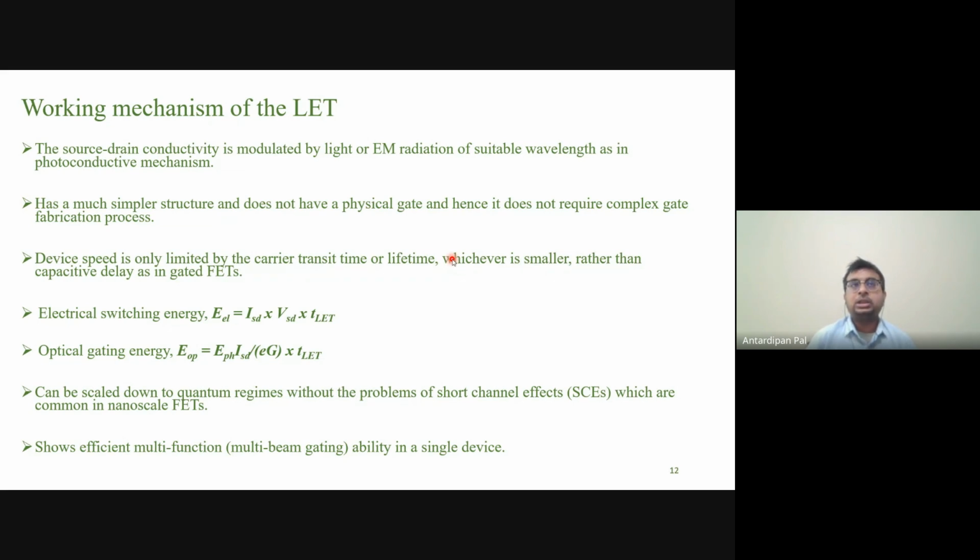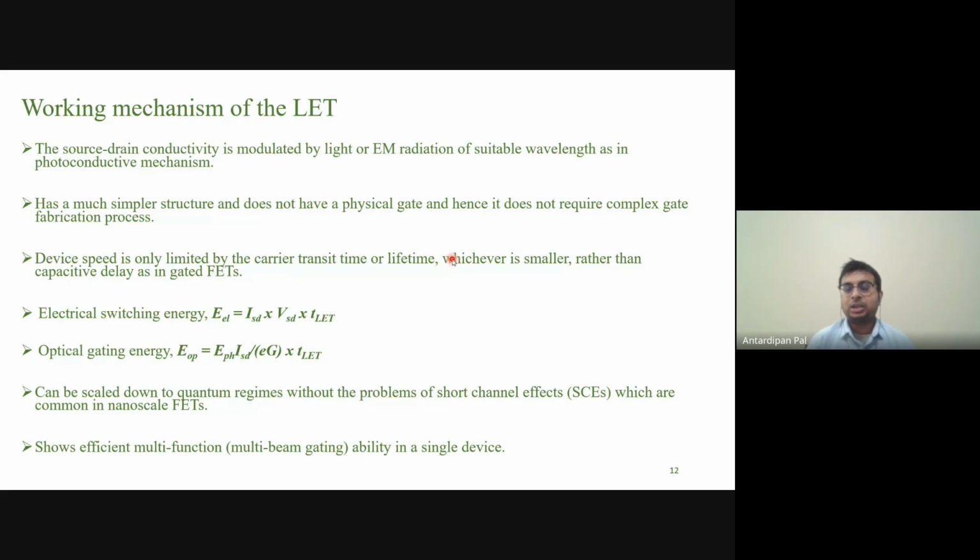Now, once the carriers are generated in the nanowire, there are two things happening: generation and recombination. If the semiconductor material is not absolutely pure, there is a probability that the carriers that are generated may be trapped. There are trap states around the Fermi level. So they get trapped and their lifetime changes.